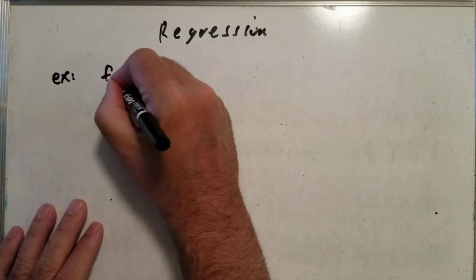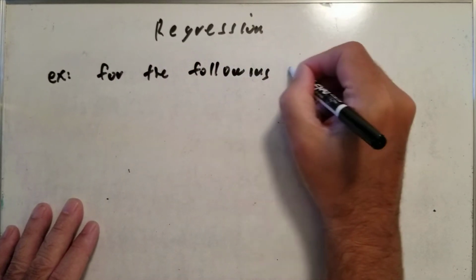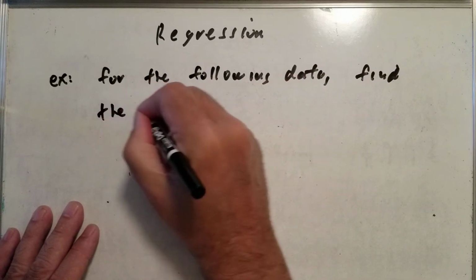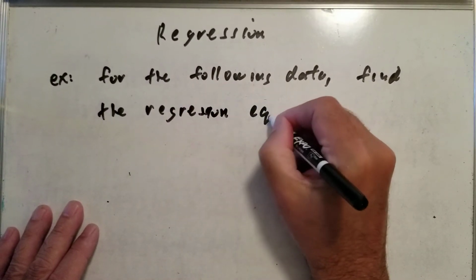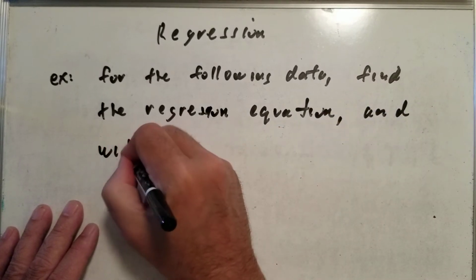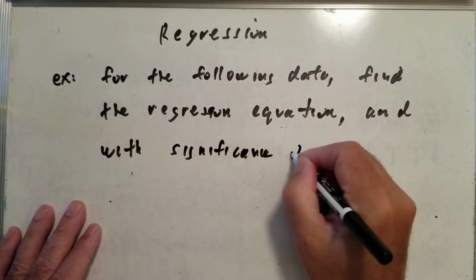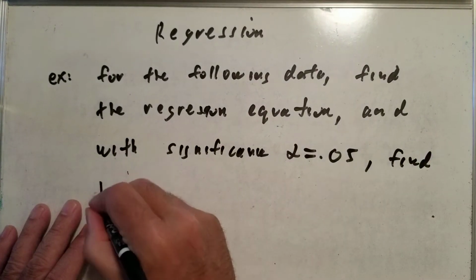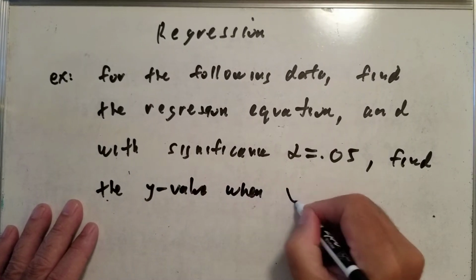For the following data, find the regression line or the regression equation, and with significance alpha equals 0.05, find the y value when x equals 6.